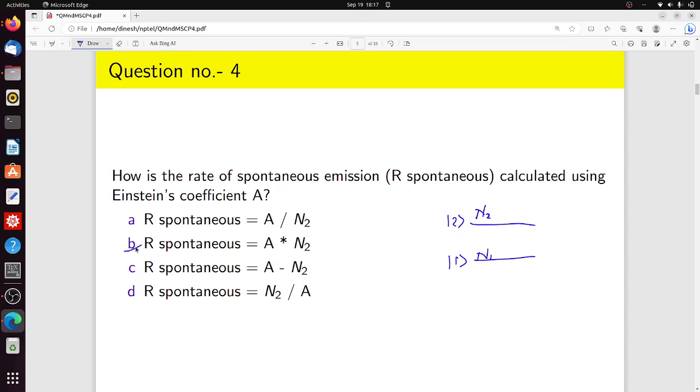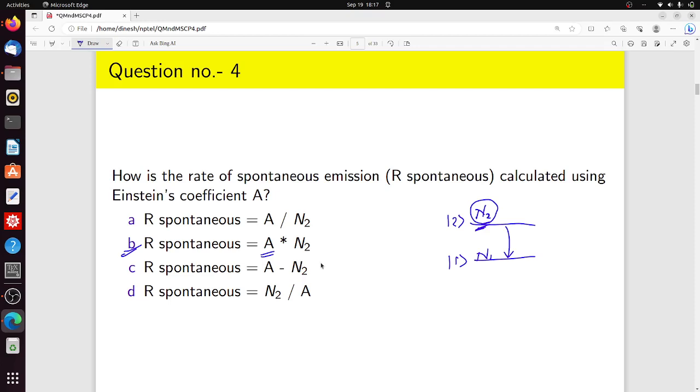Yes, right, because it's spontaneous emission, it will come from the excited state to the ground state, so it depends on the number of particles in the excited state. It also depends on the A coefficient.